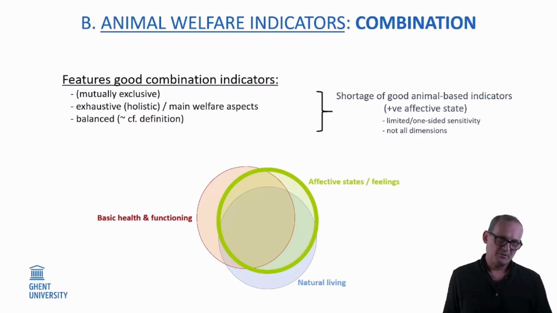That is a problem, because possibly some aspects of welfare are much better documented by our current set of indicators than other aspects, and not all dimensions of welfare are equally well covered by the indicators that we have.